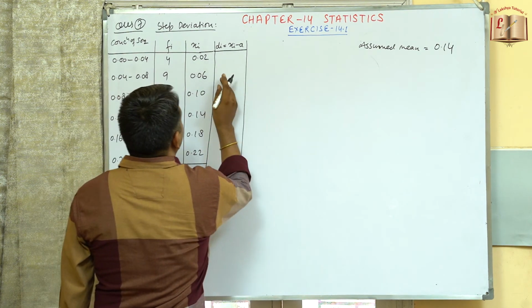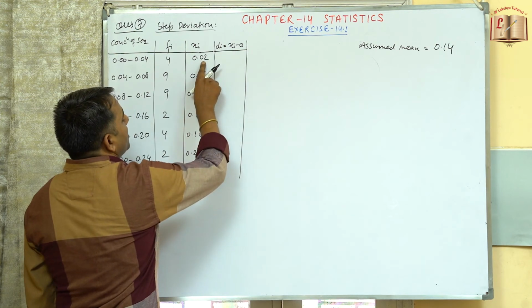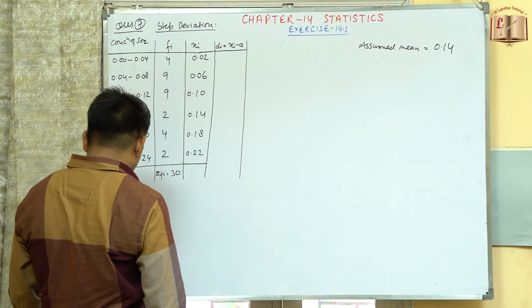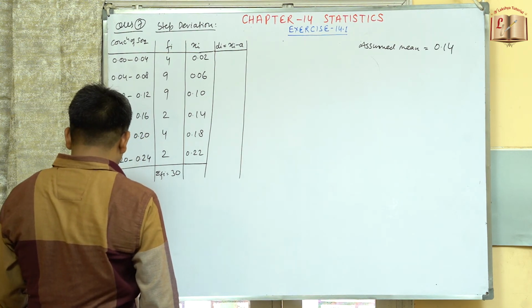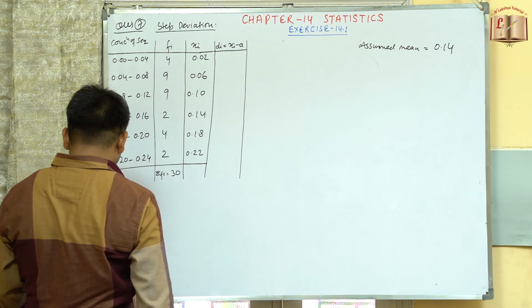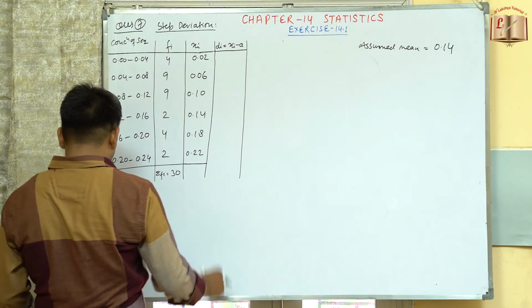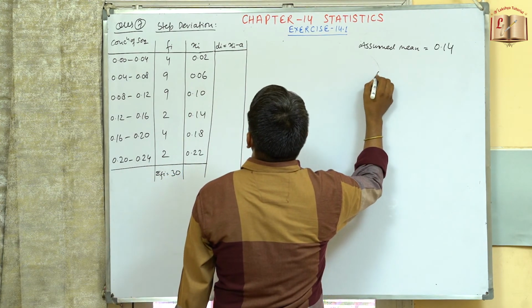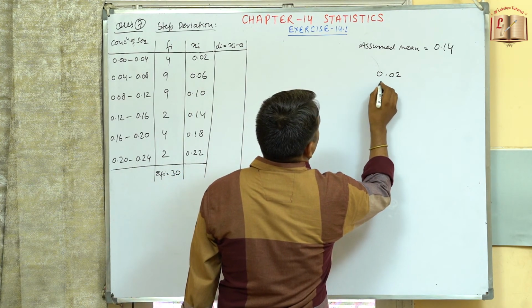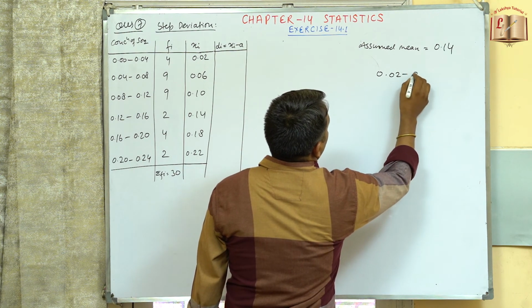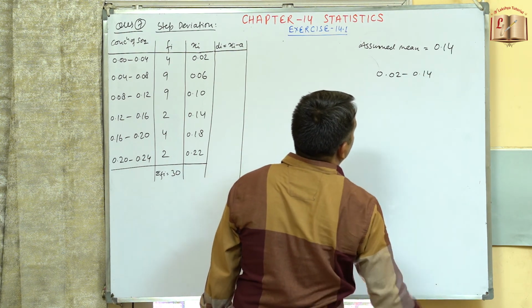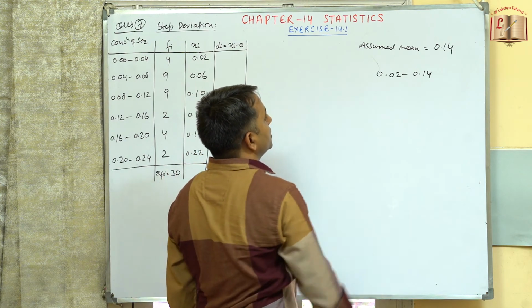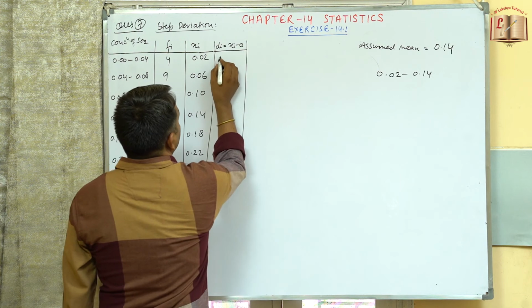So now we will calculate the di. So di will be xi, means 0.02, minus 0.14. So this will be minus 0.12.